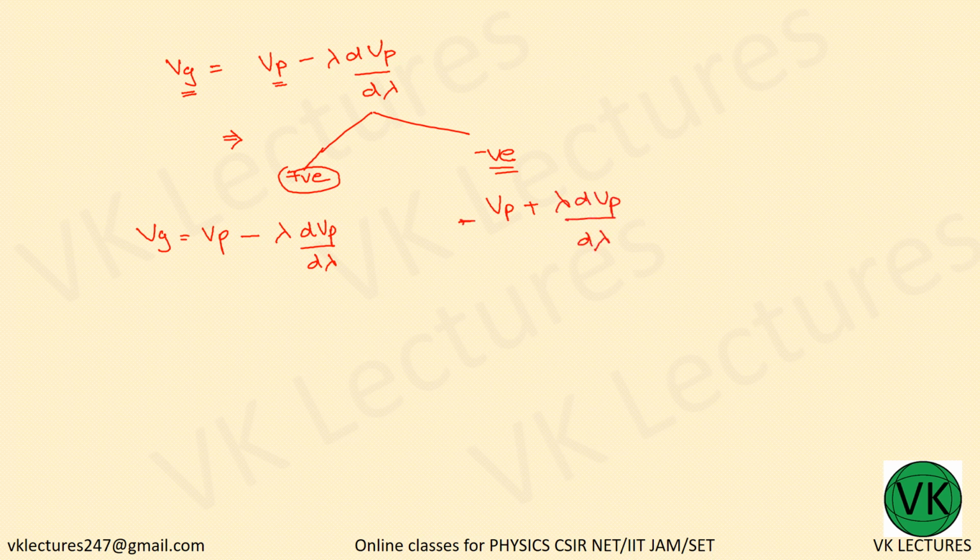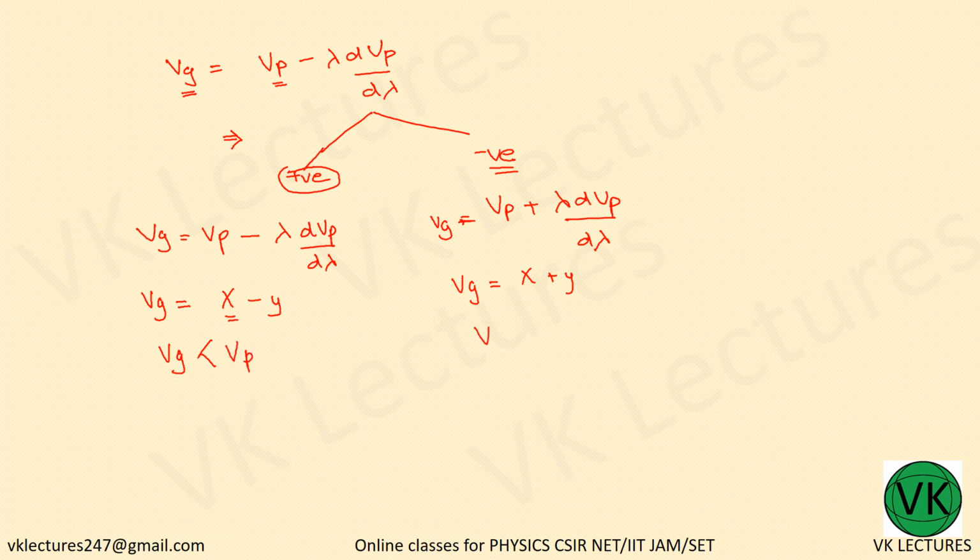Now here Vg is equal to some x minus something, x minus y. Here Vg is equal to x plus y. So which is greater over here? Here Vg is x minus something, so Vg is definitely less than x, which is Vp.